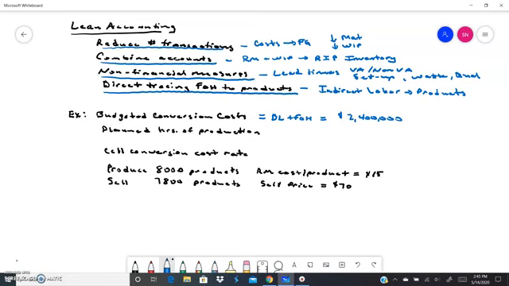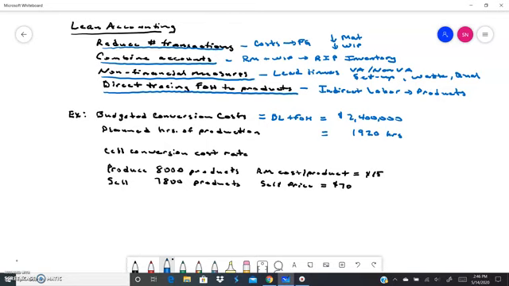We've also got the planned hours of production, and let's say that's 1,920 hours. And so we're going to come up with our cell conversion rate. And what we're really talking about is product cells. So we're going to be focusing on products versus processes.